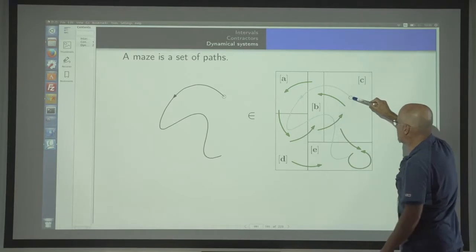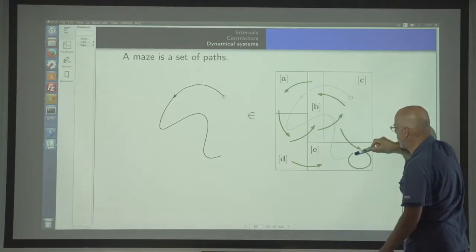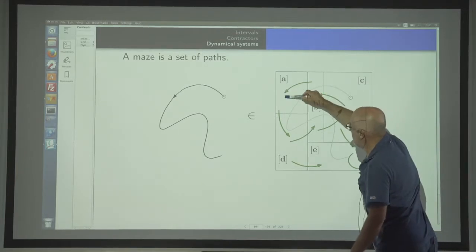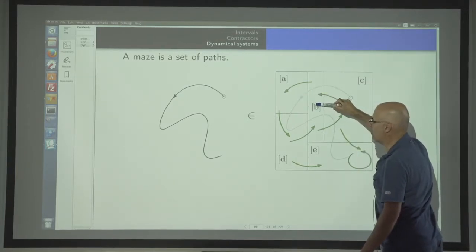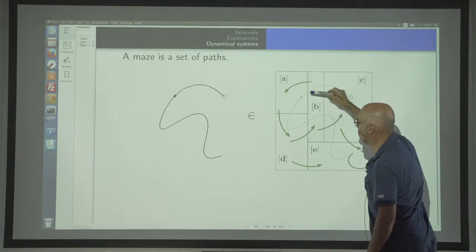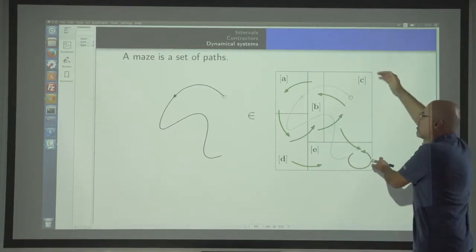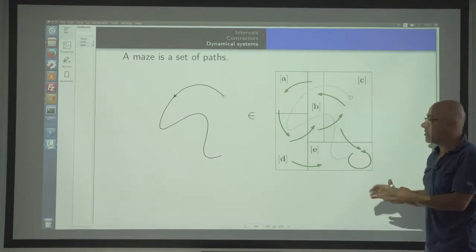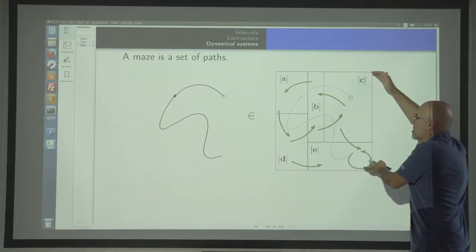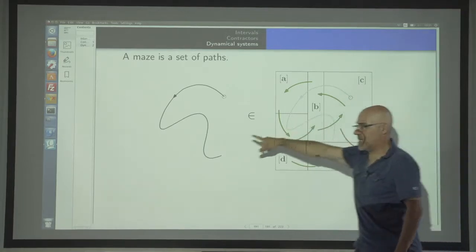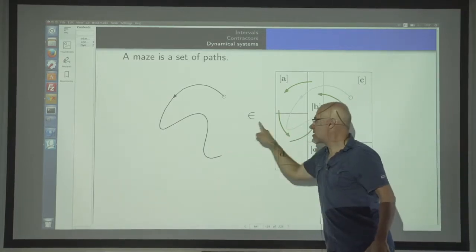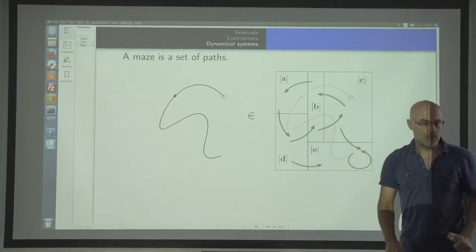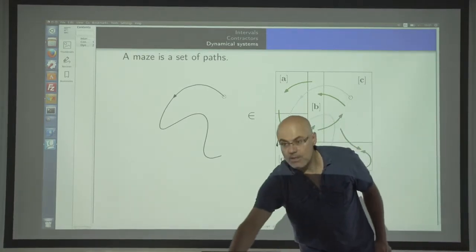It means that this path is possible, it's consistent with the roads, but if I take this and I come back, it's not possible because I have no road from here to here. So I have the set of paths that are consistent with the maze, and some others are not. So I have a way to represent inside the machine a set of paths. This path belongs to this set of paths. Is it okay for you?